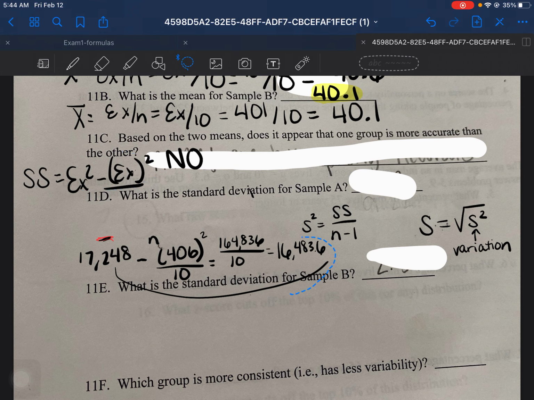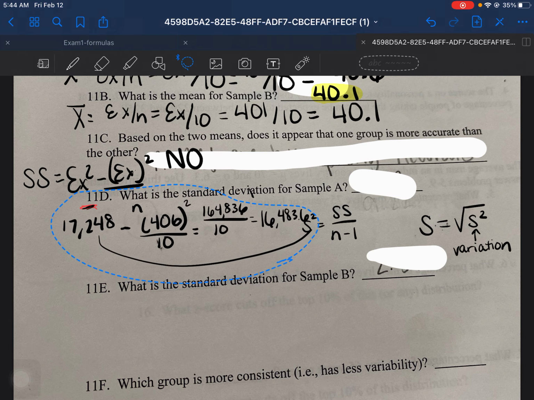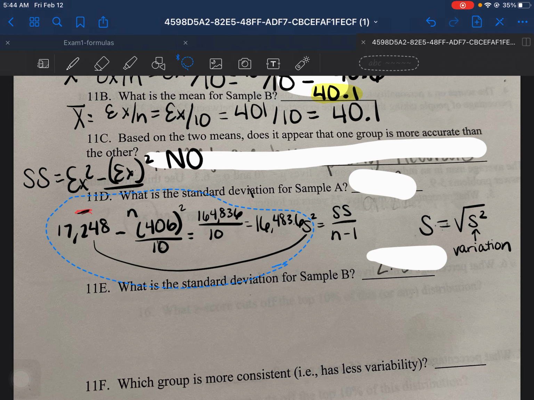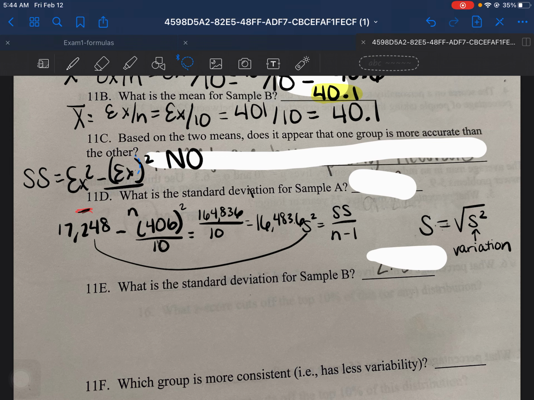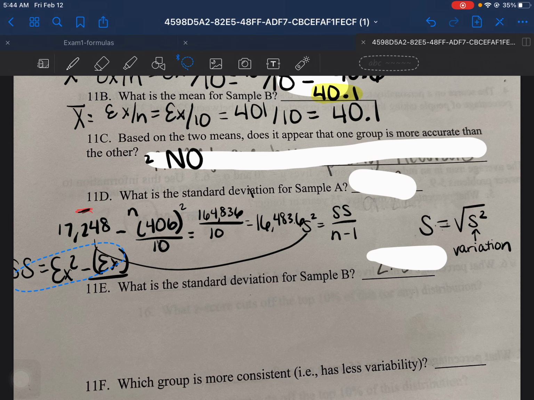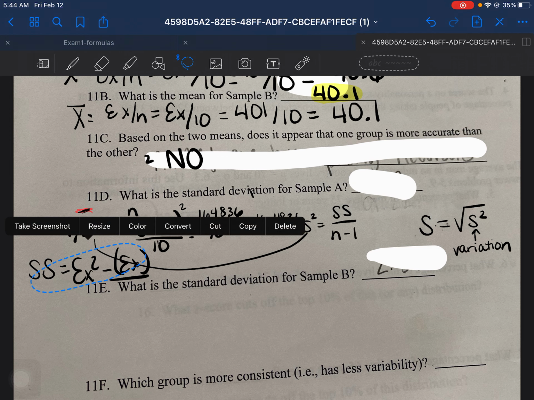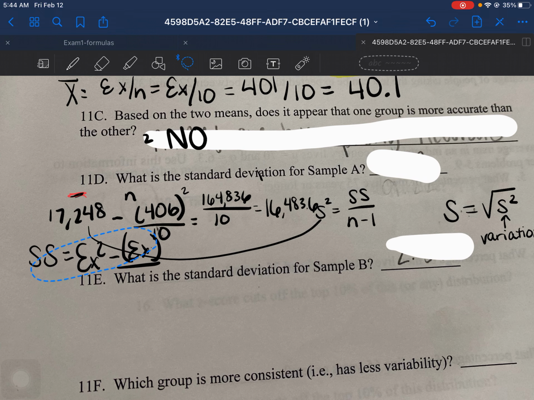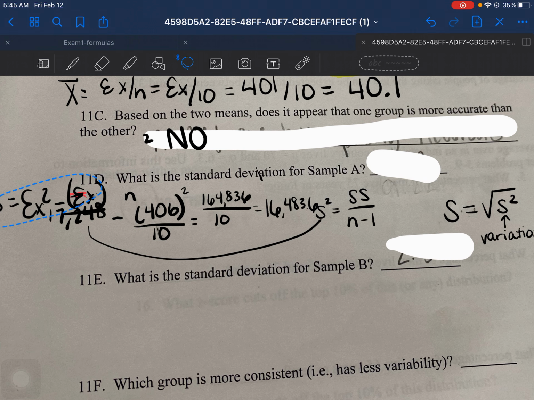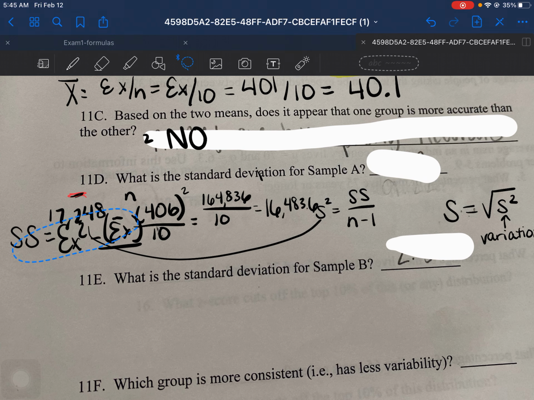Sorry, I just like to keep this rearranged so that you're not going to get really lost on where our work went. So here's our sum of squares formula, I'll just put that there, you guys know what I mean, right?